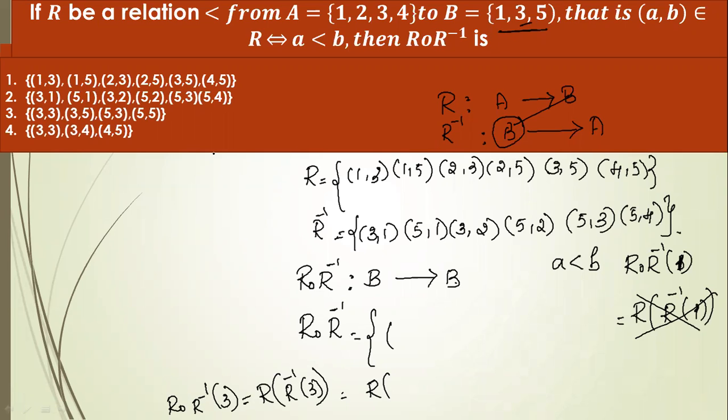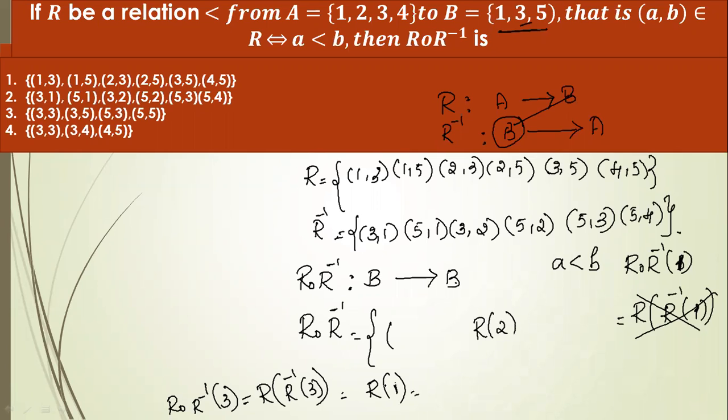Yes, (3,1) you have, (3,2) you have, correct? You have 2 elements. So R inverse of 3 can be 1, or it can be 2 also, correct?